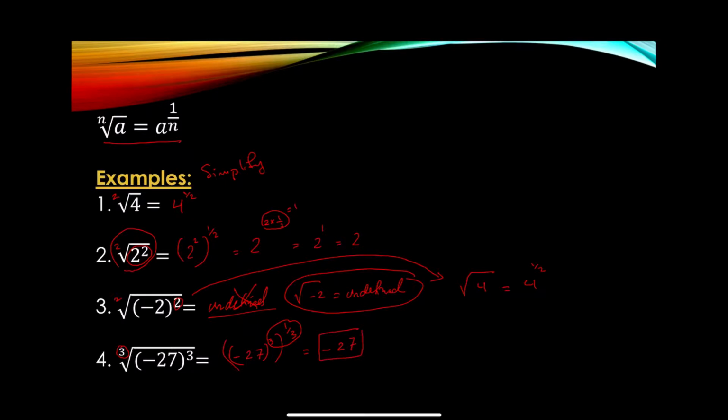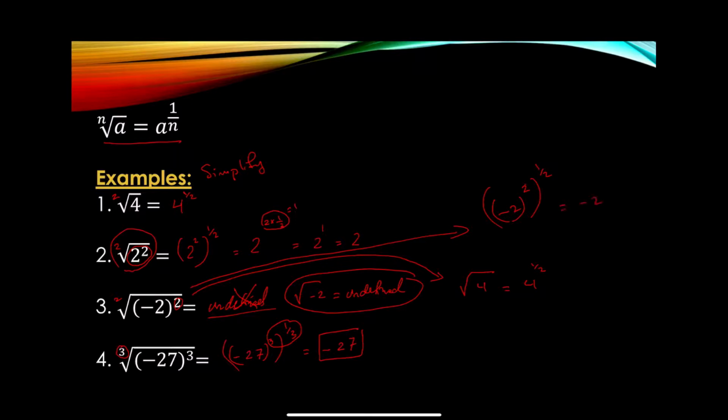You might ask again, why I didn't do the same thing here? It's true. I didn't use the same thing. I can, let me explain this. Why I didn't say -2 to the power 2, all of this to the power 1/2. Cancel this, like 2 times 1 over 2.